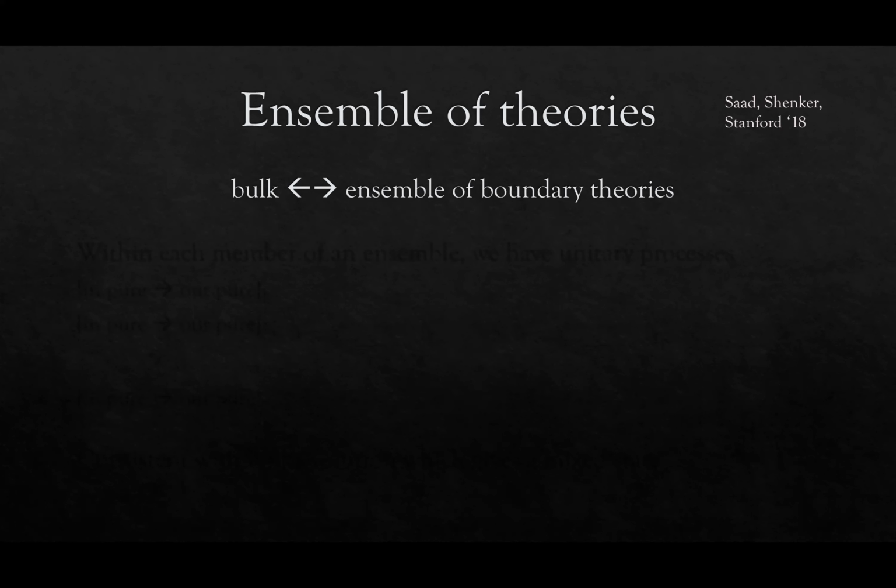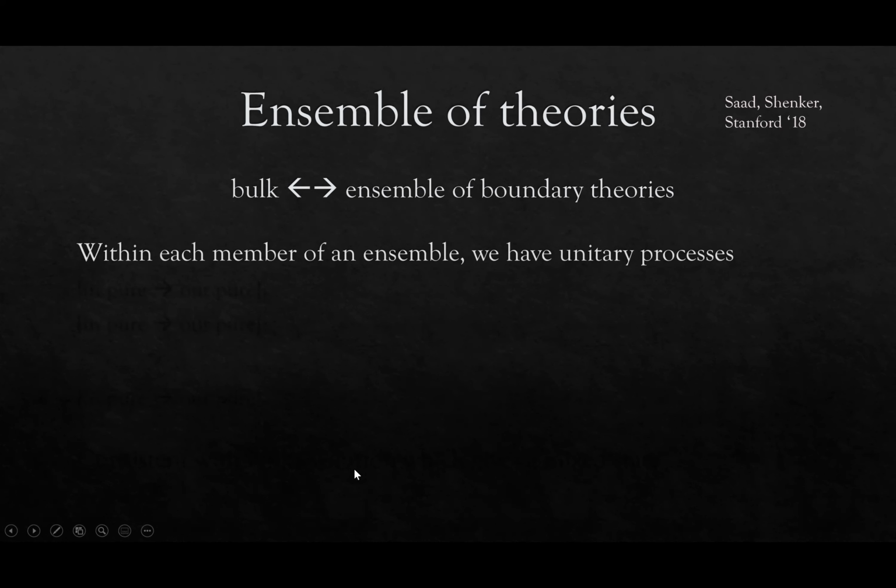I just want to put out a simple analysis here that would help us understand what's going on with the state. So we would have several members of an ensemble, and each member will be a CFT. Within each member of the ensemble, we have unitary processes.